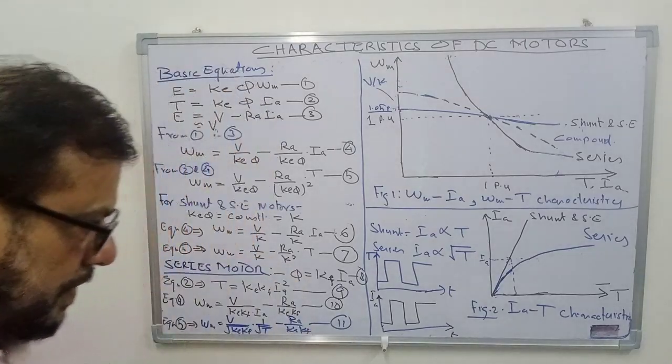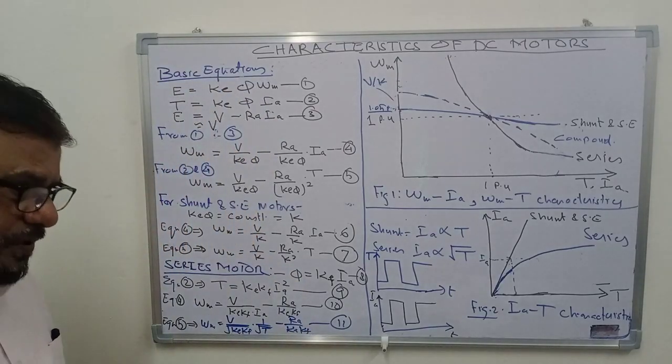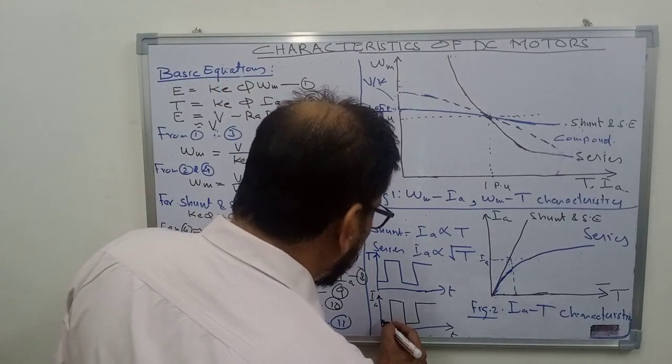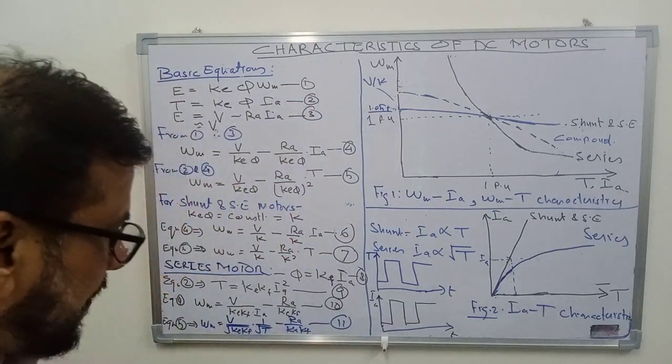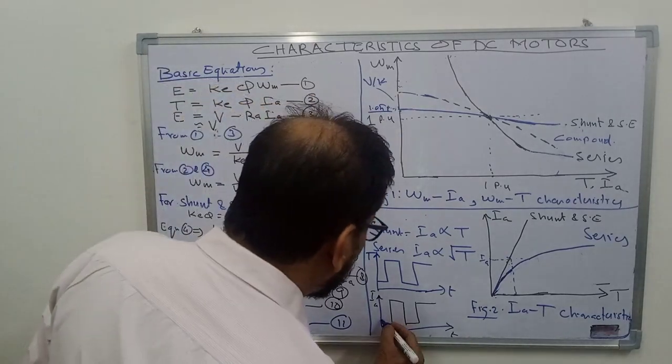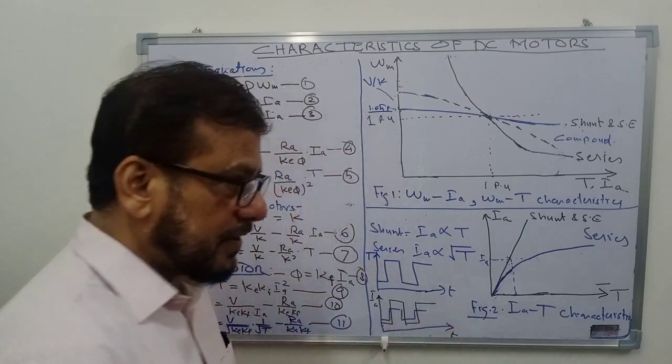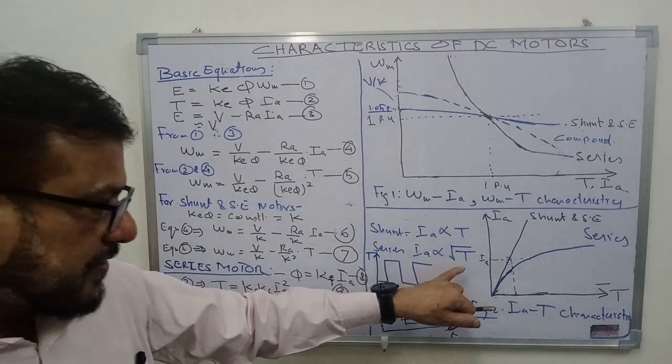supply voltage. So in place of shunt motor, if I use series motor, in that case you will have a characteristic somewhat like this. It is less fluctuating, like this, because in this case the current is proportional to the square root of the torque.